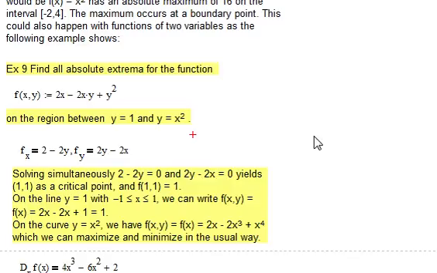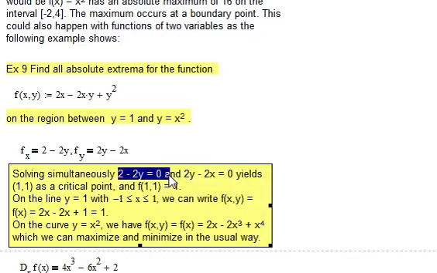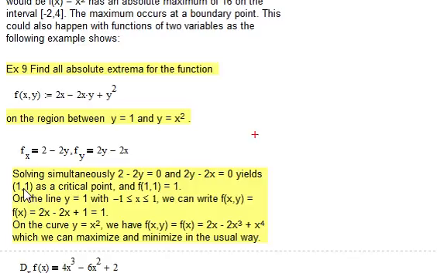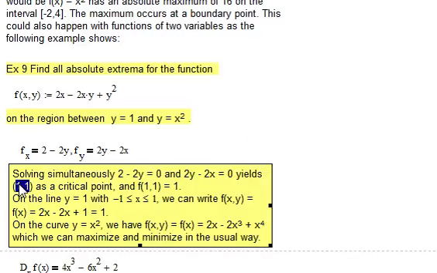Those are solved simultaneously. When the first is 0, that happens when y equals 1. When the second is 0, that happens when y equals x. So 1, 1 is a critical point. Y equals x means if y equals 1, then so does x. And f of 1, 1 equals 1.